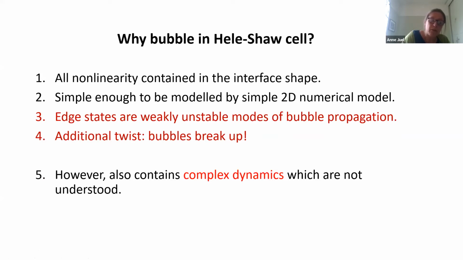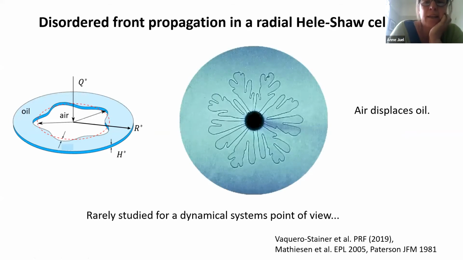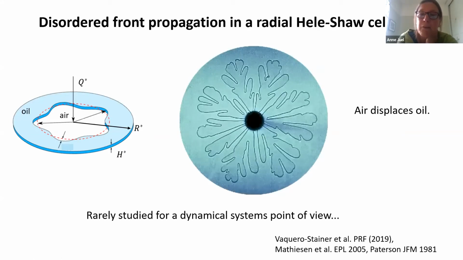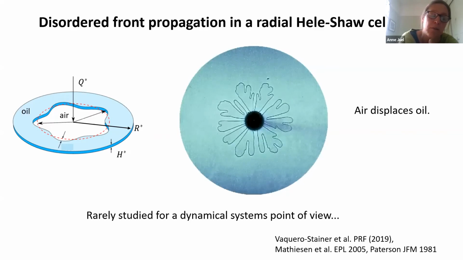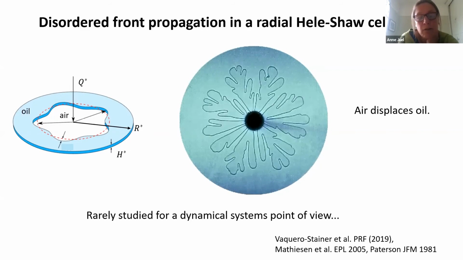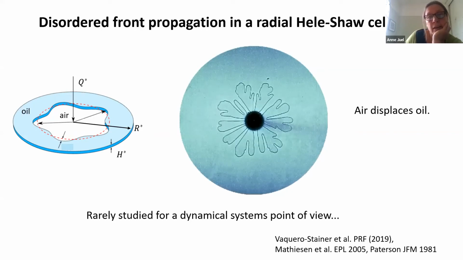And so let me just say a few words about the complex dynamics that you encounter in these systems. You can look, for instance, at the very classical fingering in a radial Hele-Shaw cell. In this case, you're injecting air into an oil-filled Hele-Shaw channel from a central point in the cell.